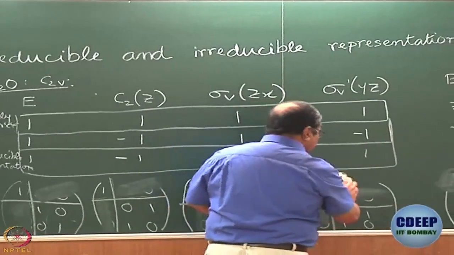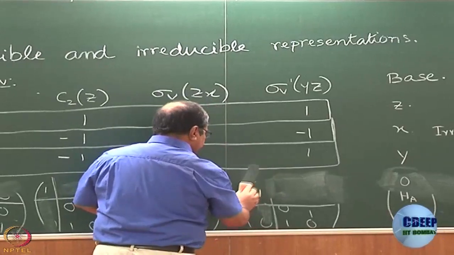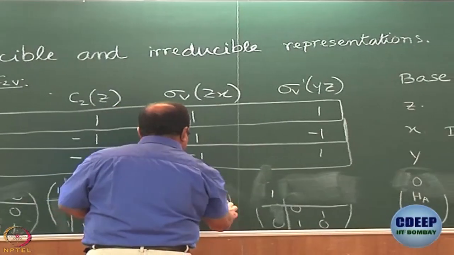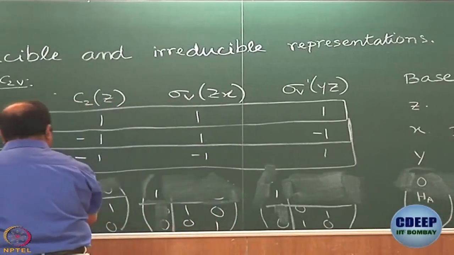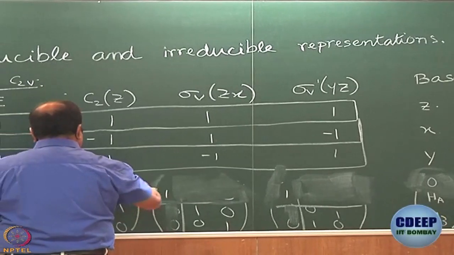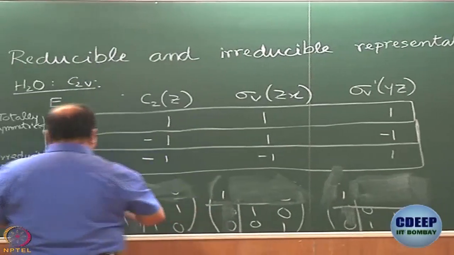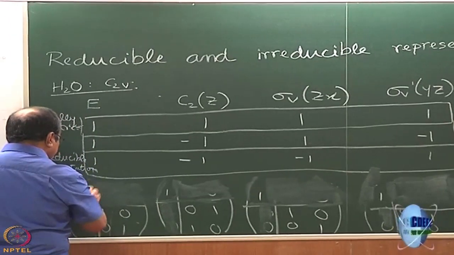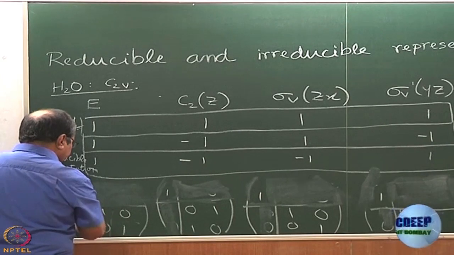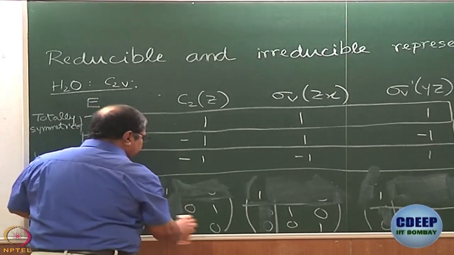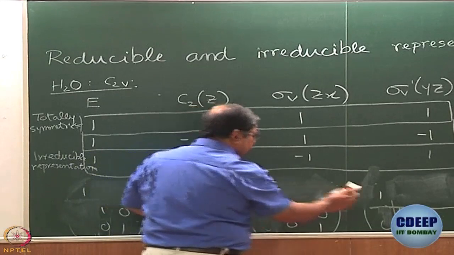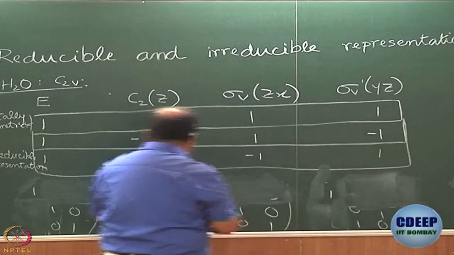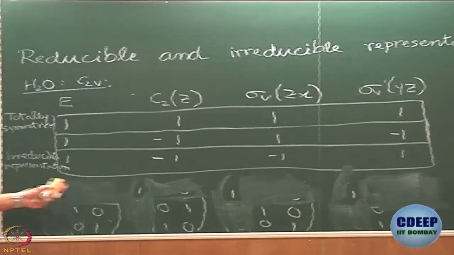So, for O, the representation that I get is, for O, the representation that I get is 1 1 1 1.